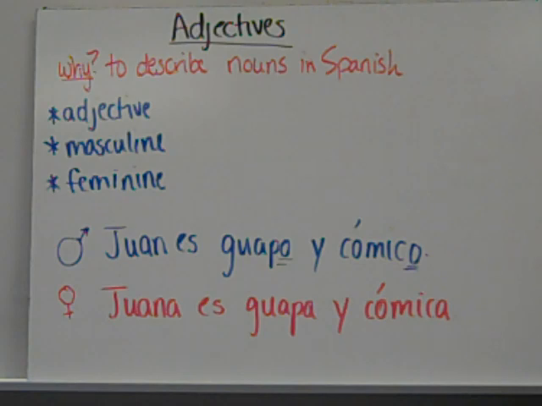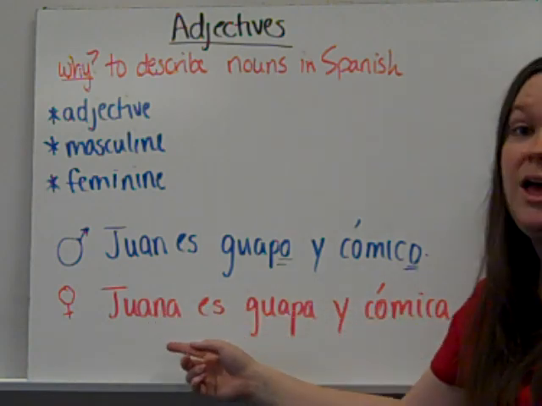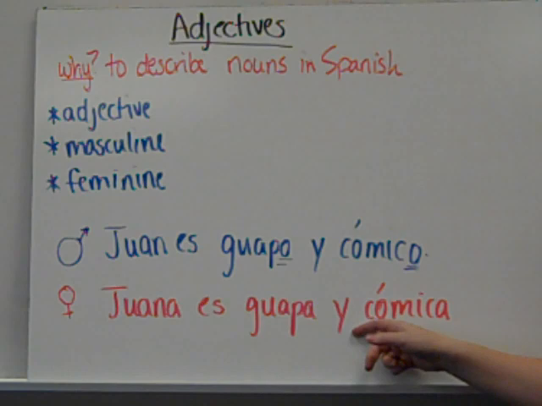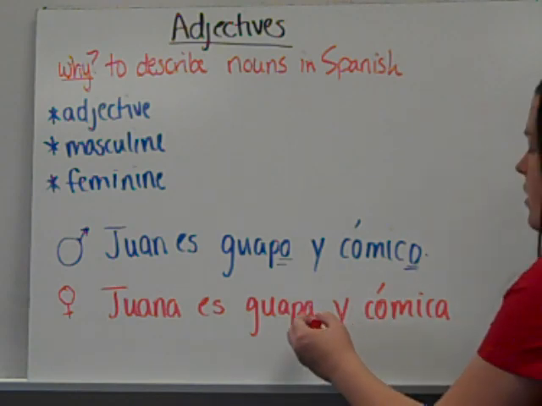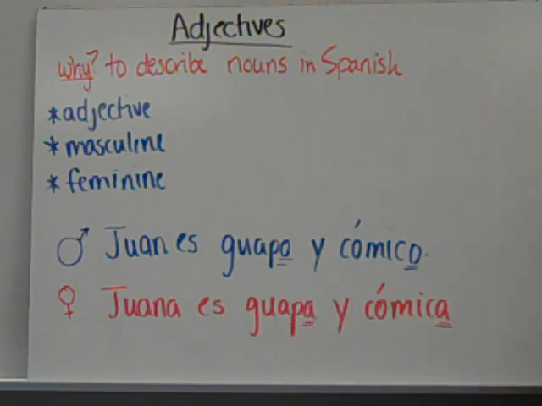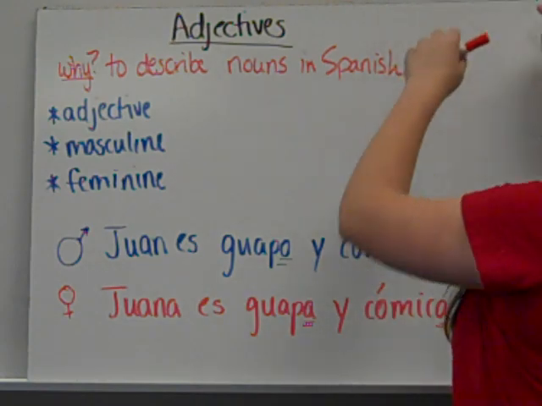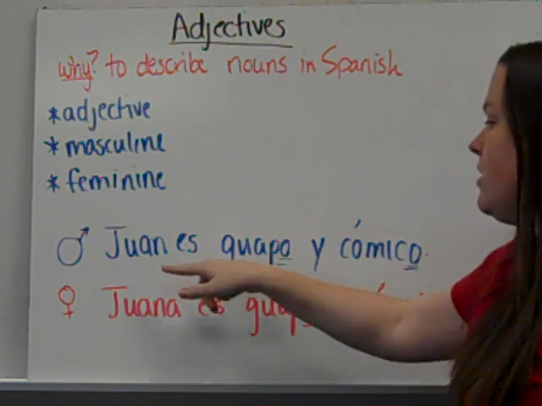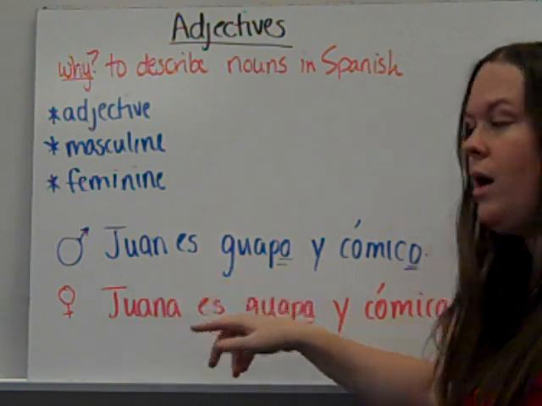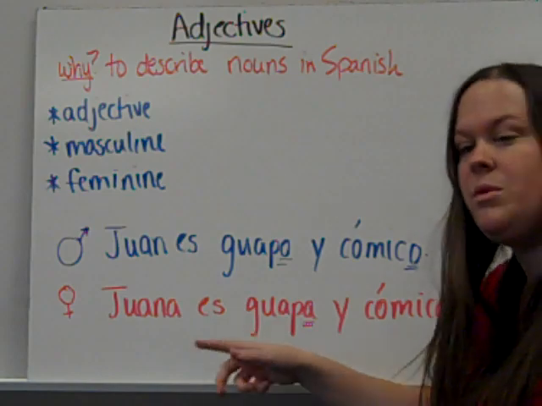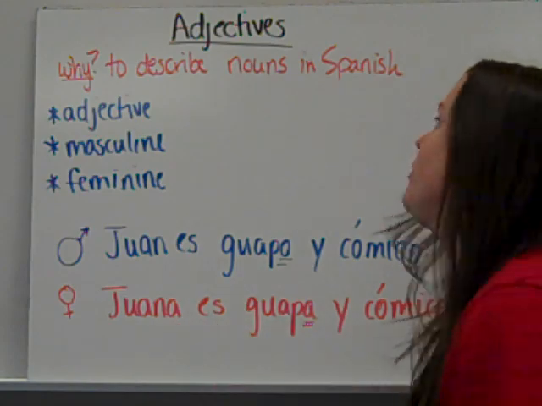Okay? And in the other sentence, Juana es guapa y cómica. So here, feminine adjectives are going to end in A's instead. And these adjectives are masculine because the subject is masculine, Juan. These adjectives are feminine because the subject, Juana, is a girl.